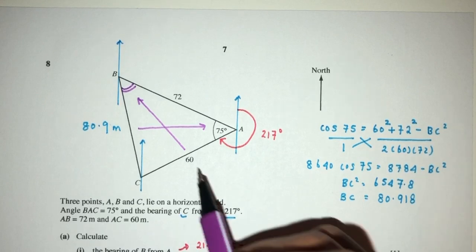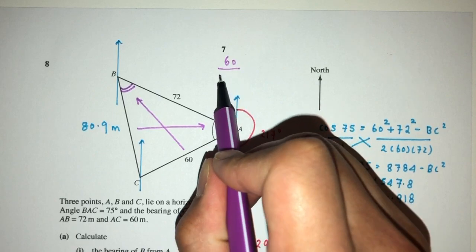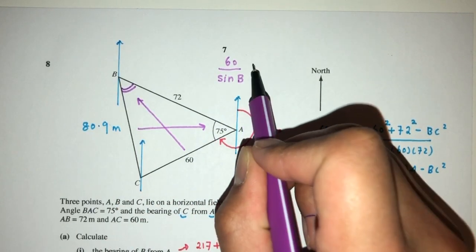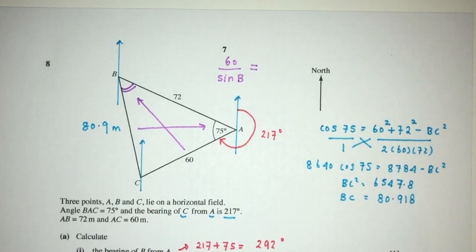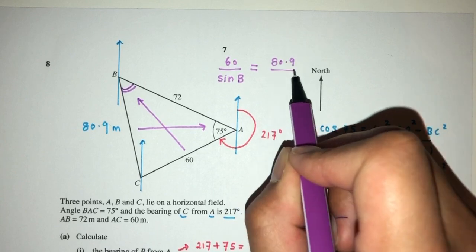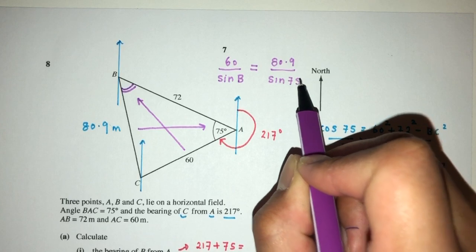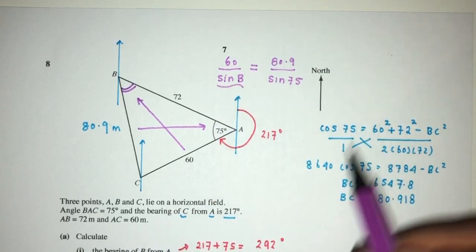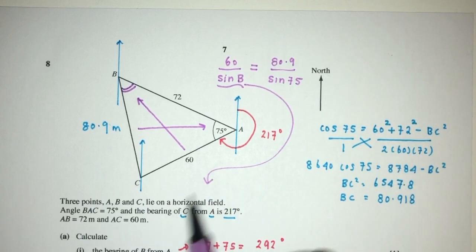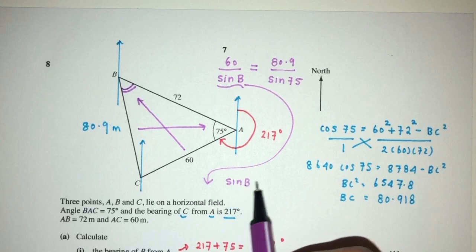For example, I can write 60 over sine of the opposite angle, let's call this B, we don't know, is equal to 80.9 over sine of the opposite angle, that should be 75. So let's find this one. Sine of B is going to be what value?